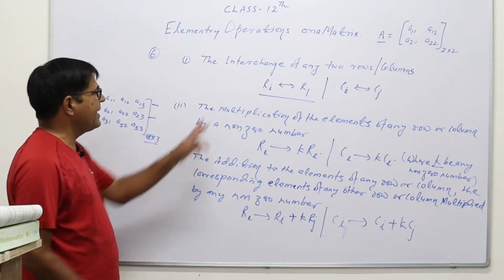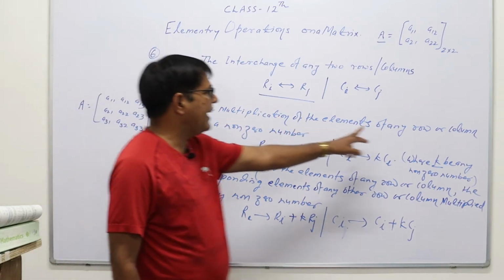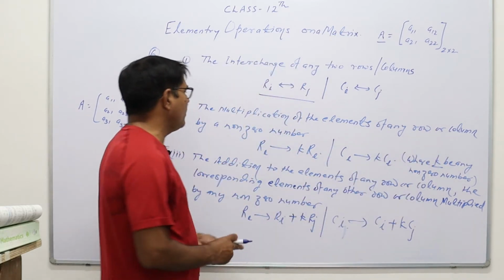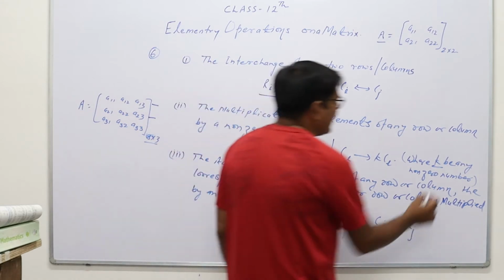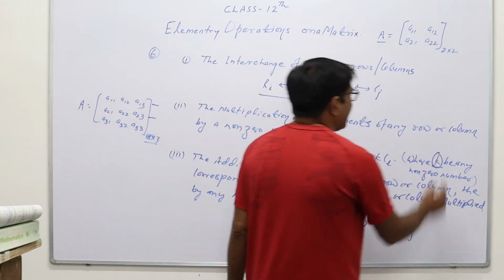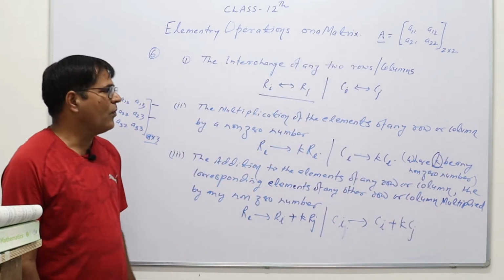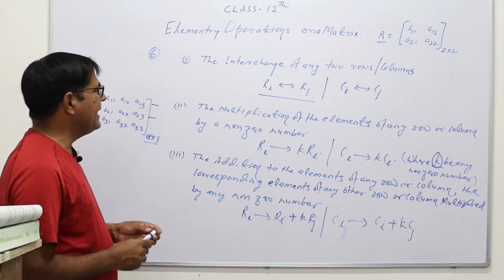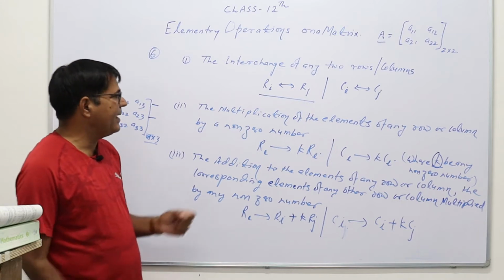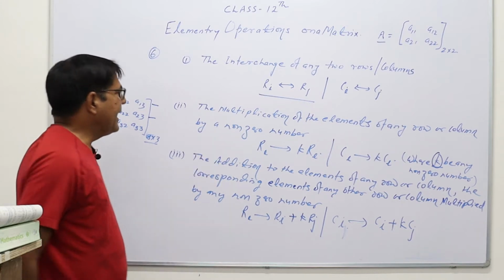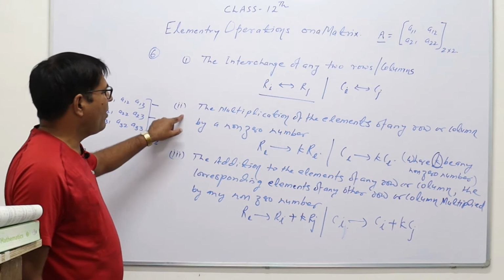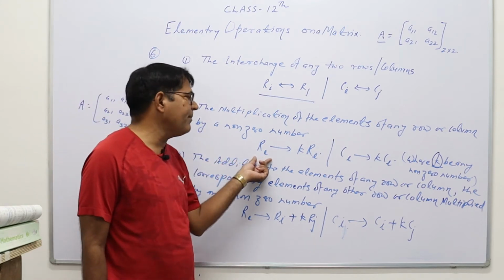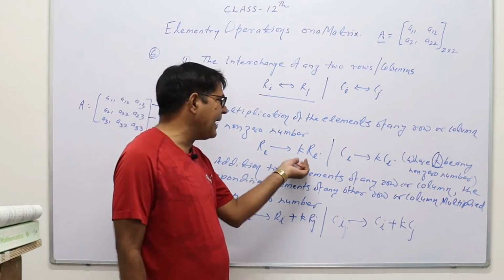Now the second is the multiplication of the elements of any row or column by a non-zero number. Let k be any non-zero number. K may be 1, 2, 3, 4, minus 2, minus 3, whatever. We can say k is any scalar. Then the second elementary operation is that any one particular row can be multiplied by the scalar k.